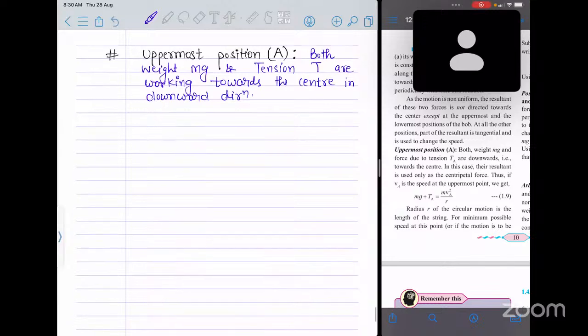So centripetal force will be the sum of these two forces.